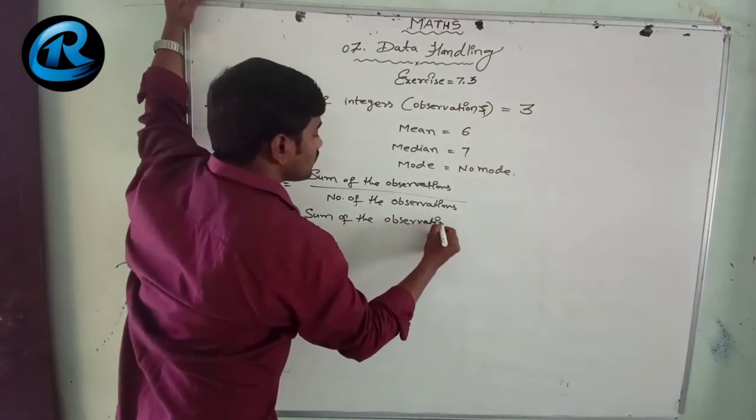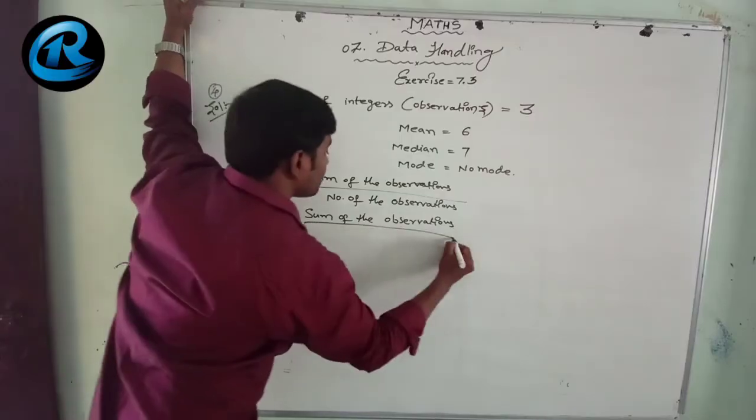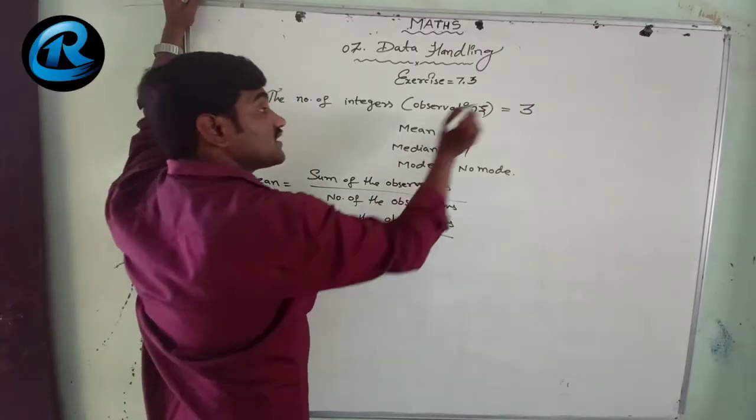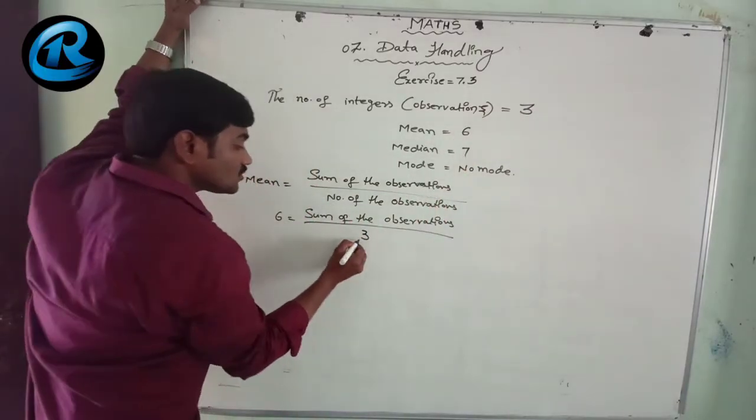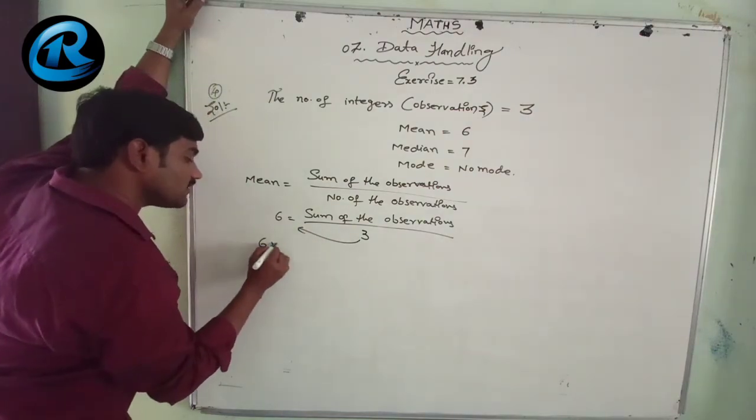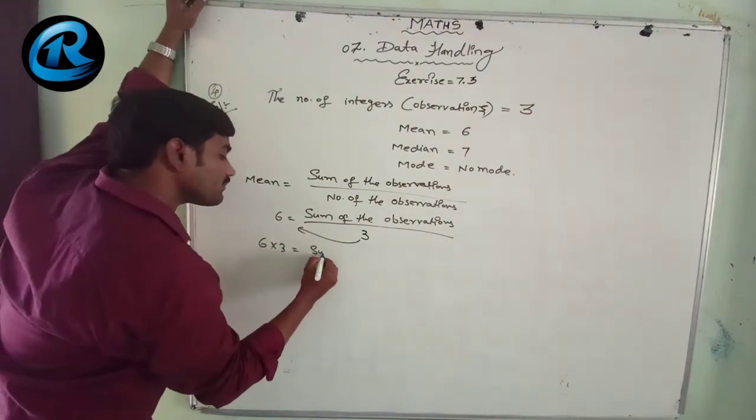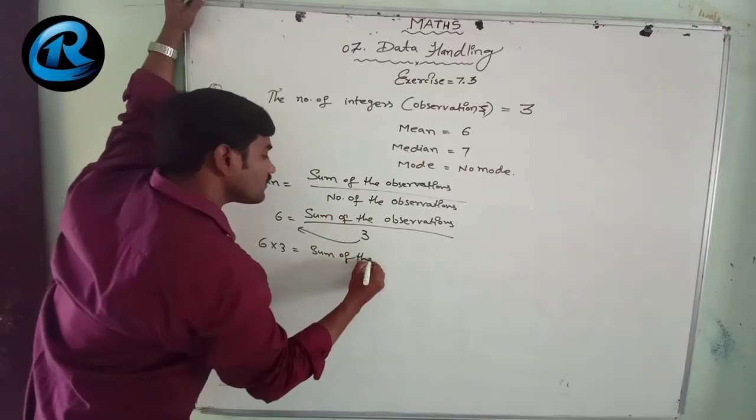How many observations are there? We said there are only 3. So transferring this 3 to this side, it becomes 6 into 3 equals the sum of the observations.